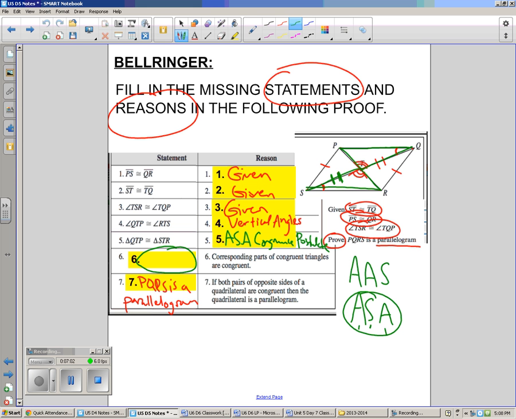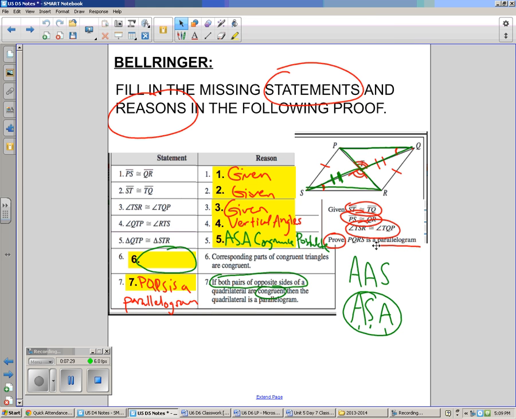Okay, so statement number 7 is PQRS is a parallelogram, and the reason is if both pairs of opposite sides of a quadrilateral are congruent, then the quadrilateral is a parallelogram. So I can see here that they're saying if both pairs of opposite sides of a quadrilateral are congruent.